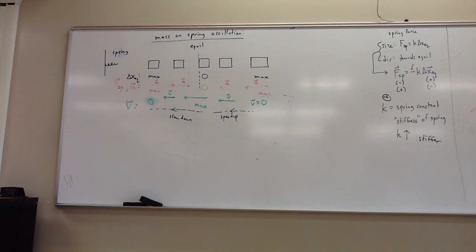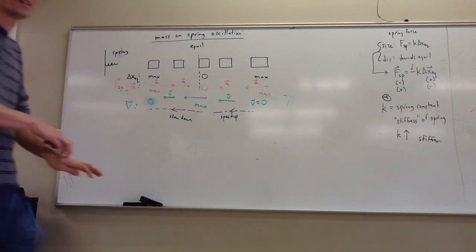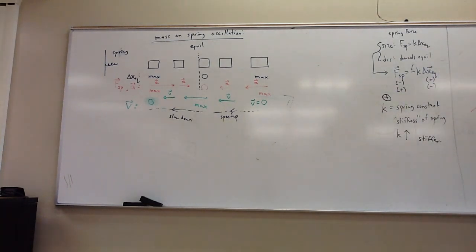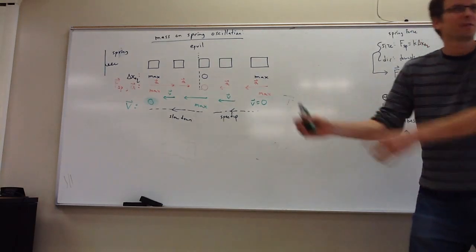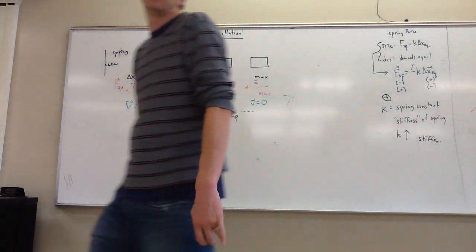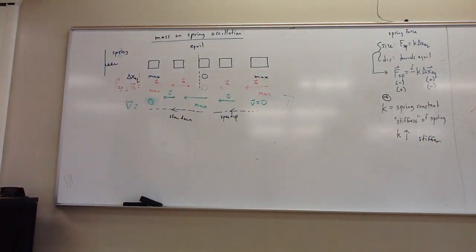Well, no, because of course we know if you apply an acceleration opposite your velocity long enough, you'll stop, turn around, and speed up the other way. And what are you going to do then? You're going to speed up as you go towards equilibrium, overshoot it, and then bounce and bounce and bounce and bounce. And if there's no friction or anything to take energy out of this system, it's just going to do it forever. So that's where the oscillation comes from.